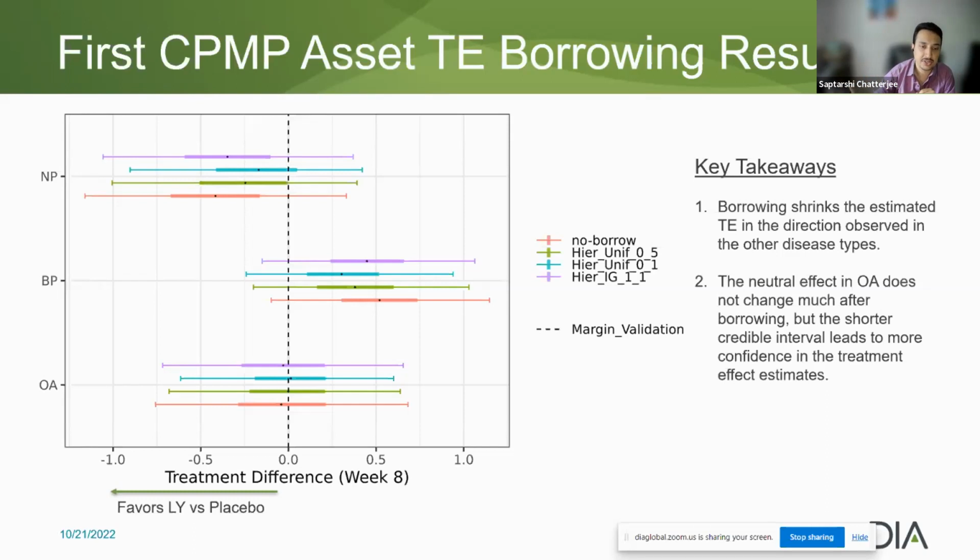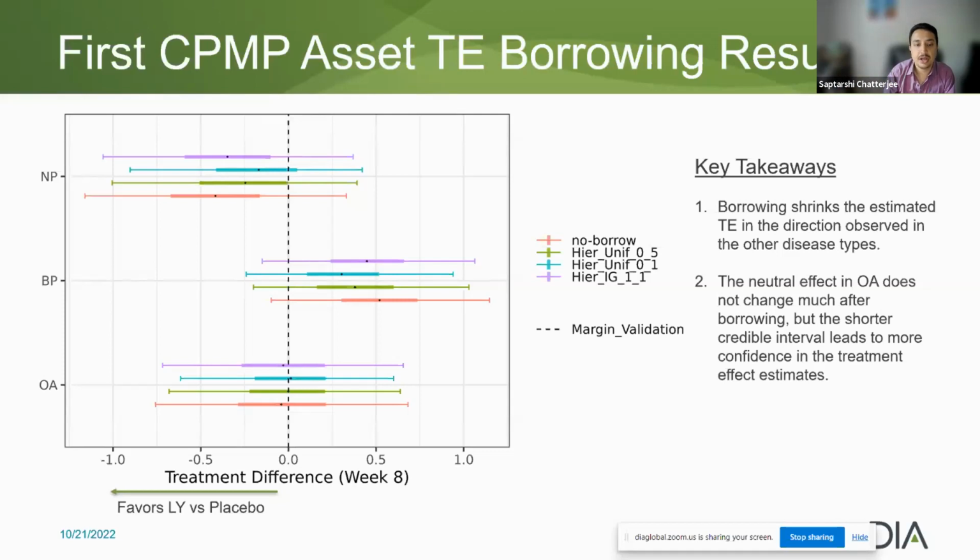The reason is the associated data that we had with the osteoarthritis and peripheral pain. We did not observe much of an efficacy there. So that's where it was pulled. Similarly for peripheral pain, where we did not see any efficacy, a little bit of a negative result, that's where we saw with the borrowing, it shifts a little bit gradually towards positive efficacy there.